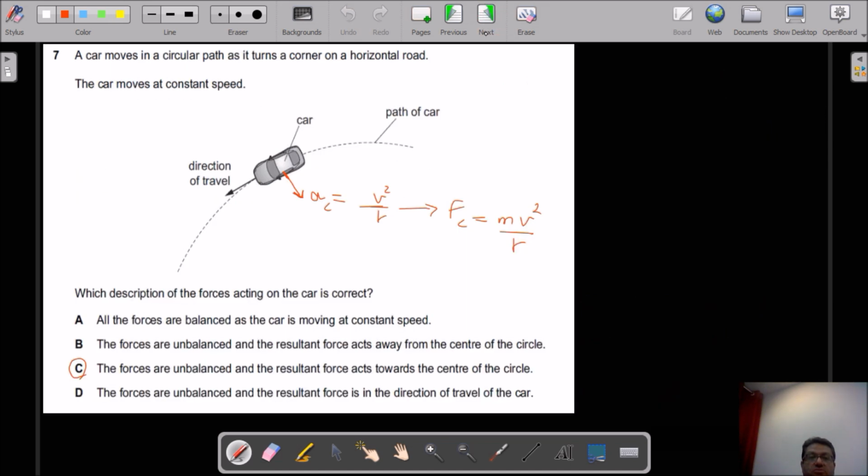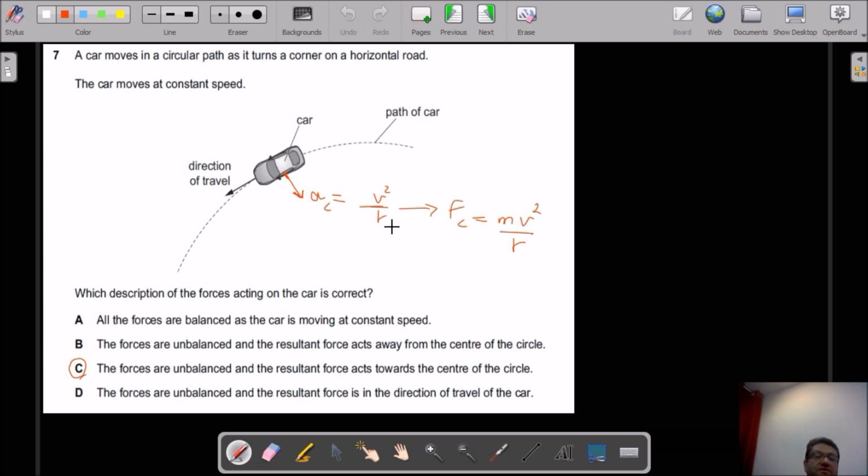Question 7. A car moves in a circular path as it turns a corner on a horizontal road. The car moves at constant speed. Which description of the forces acting on the car is correct? We know that in circular motion, when an object is moving in a circular path with constant speed, there is centripetal acceleration, which is equal to v squared divided by r.